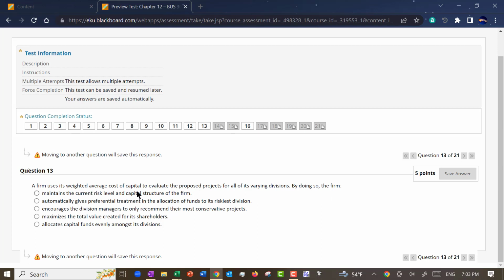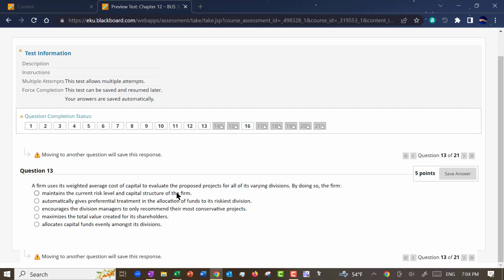Firm uses its weighted average cost of capital to evaluate the proposed projects for all of its varying divisions. By doing so, now, the number that we calculate is a firm-wide number. Not all of firms' projects will be of equal risk. So if a project is riskier than the firm overall, then you need to add something to it.